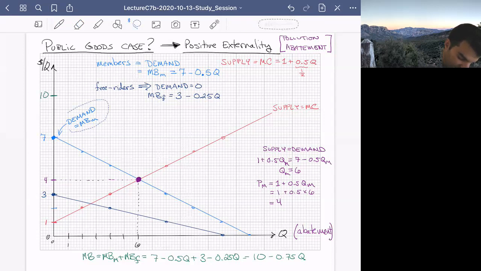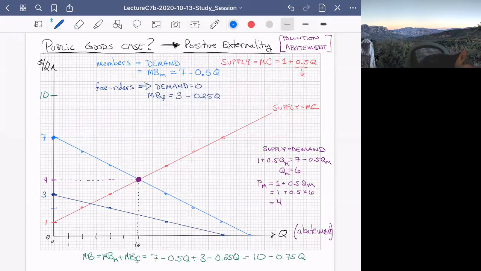I'm going to move this demand out of the way. Maybe I'll just erase it and rewrite it. So I'll write it this way: demand equals marginal benefit of members.